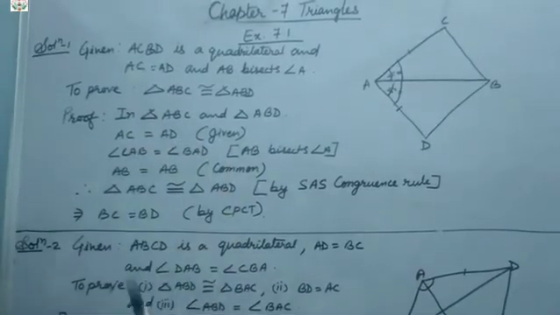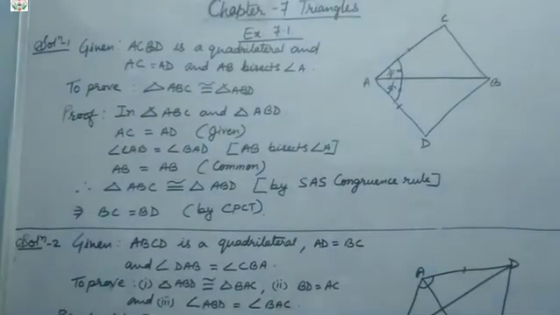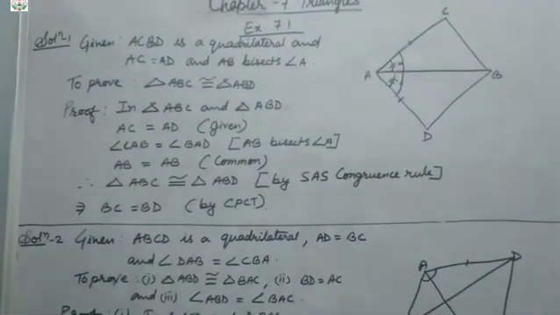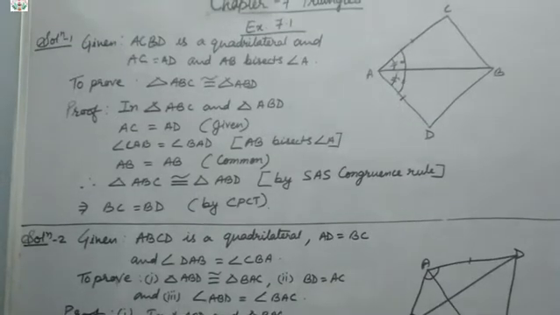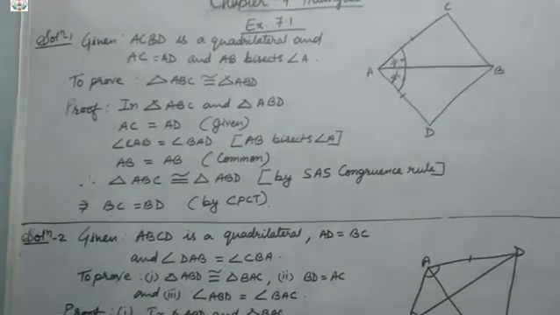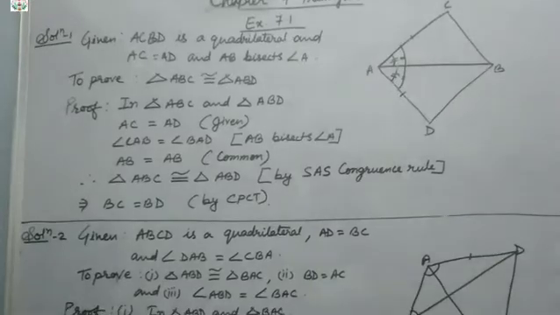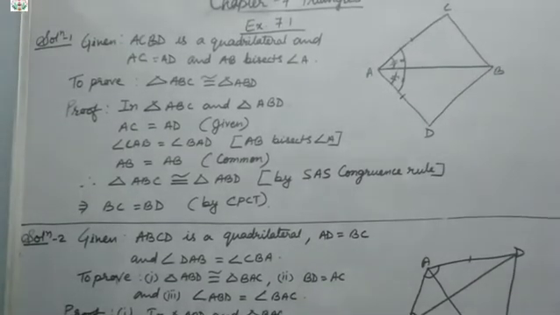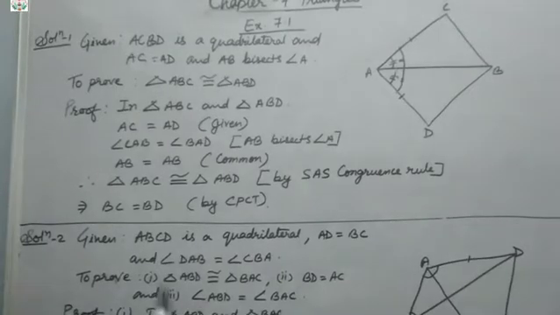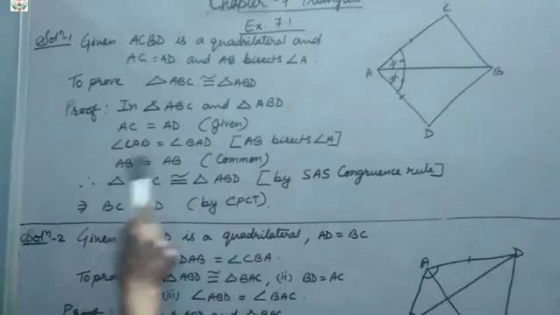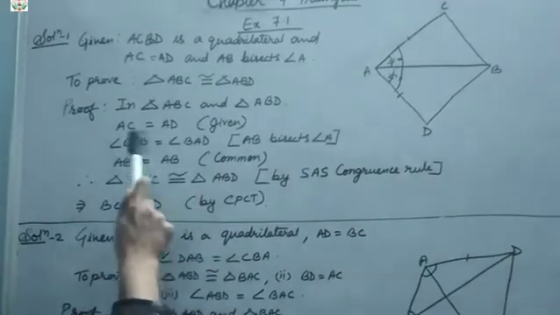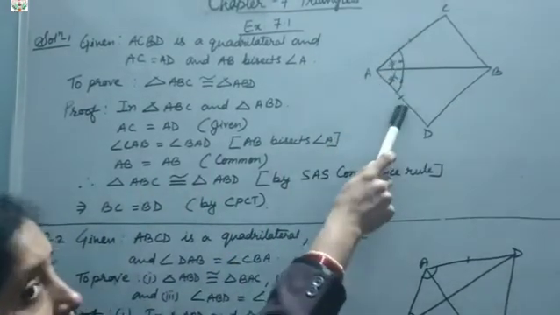Now we know the four congruencies based on sides. One we have seen, what is it? One is ASA, which is not there in the syllabus for this year. Second one is SSS, third is SAS, and fourth is AAS. So now here we will see what? First side, then angle, then side, means SAS. These two sides are equal.